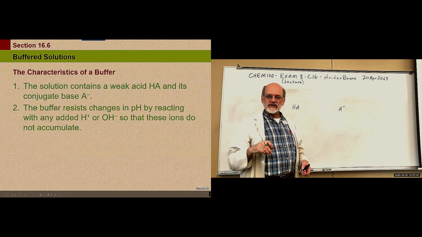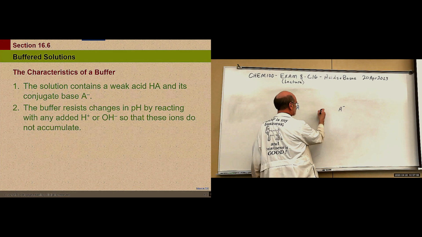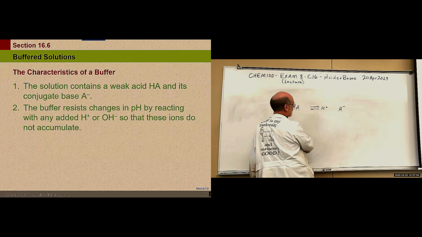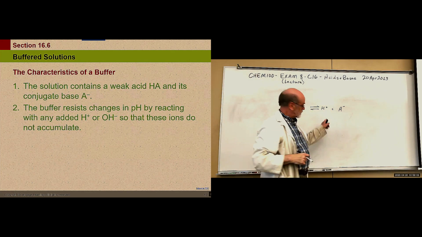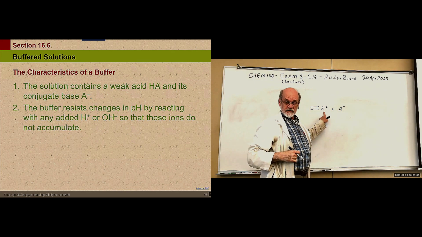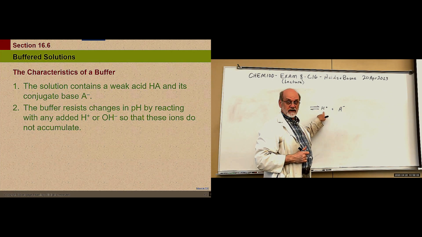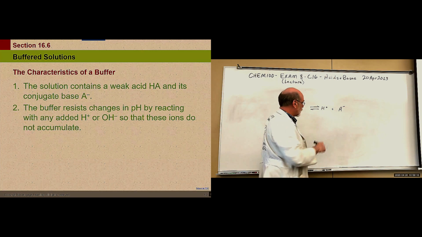So how does it resist a change in pH? Well, if you add acid, let's say here, like that. If you add acid to the solution, you're adding protons, right? So what's it going to do? It's going to consume protons and move to this side.